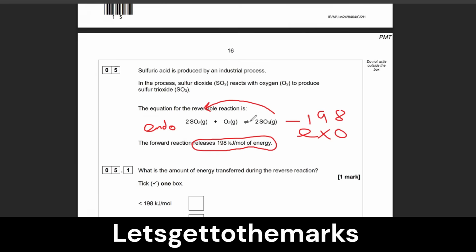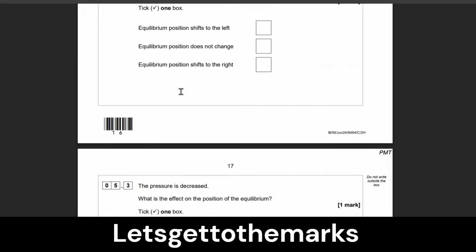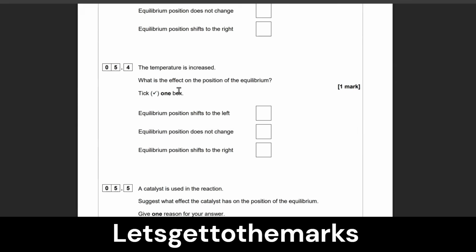So it's going to go to the endothermic side. If you increase the temperature of an exothermic reaction, it shifts to the left, to the cold or endothermic side, to try and decrease the temperature. It's going to try and do the opposite. That's what Le Chatelier said. So that's a hot reaction, an exothermic reaction.